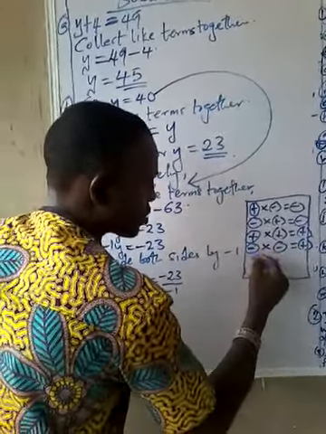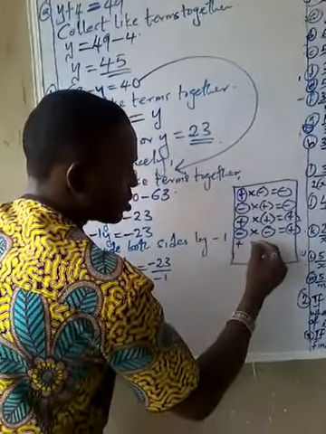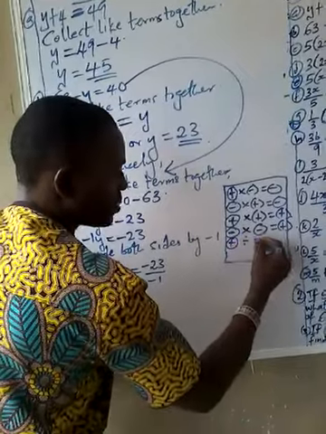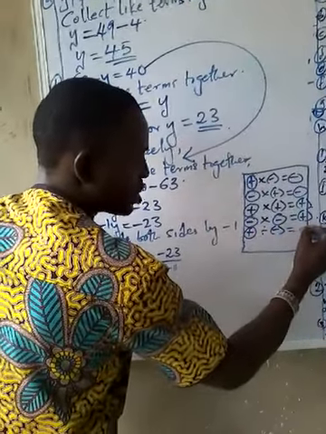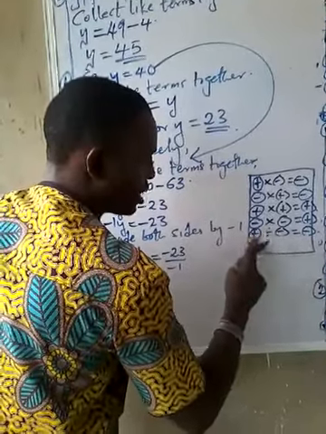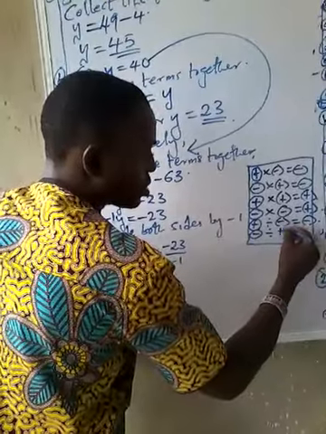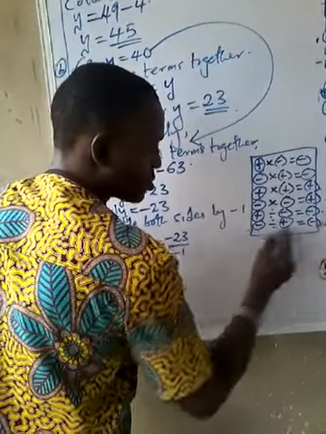And then if we have division, plus divided by minus will give you minus, and minus divided by plus will still give you minus.